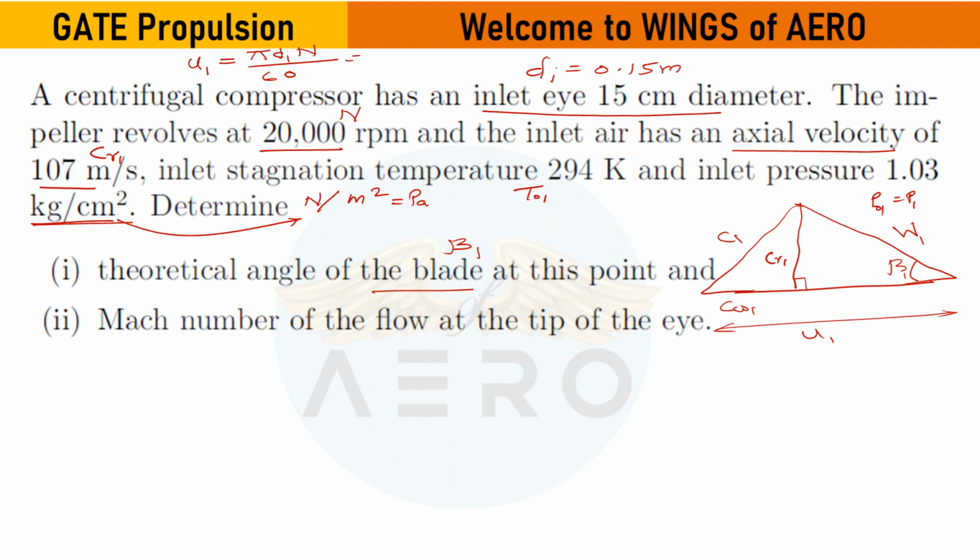As they have not given this alpha value, if they're asking to find the other one, you have to assume it is without IGV. So if it is without IGV, the alpha 1 is going to be 90 degree. That means the construction of this is going to change.